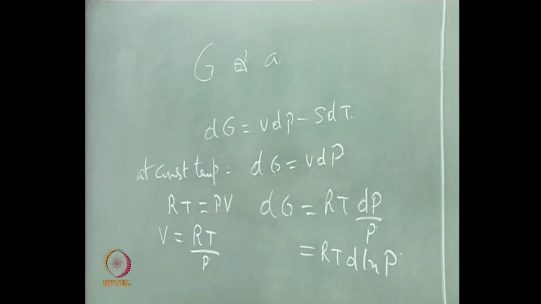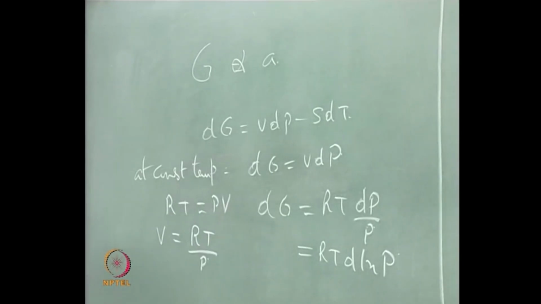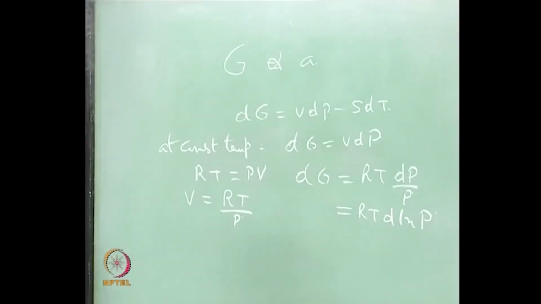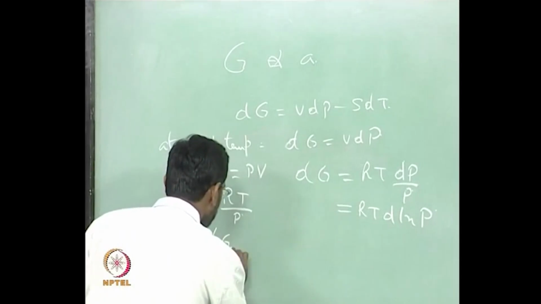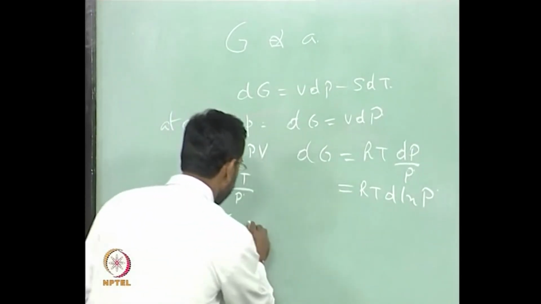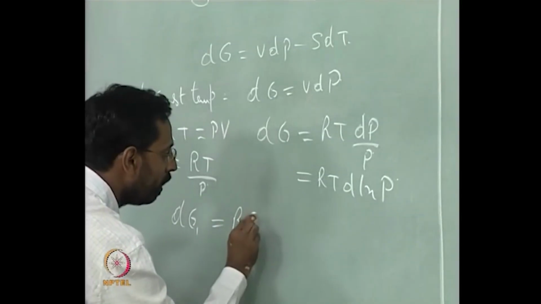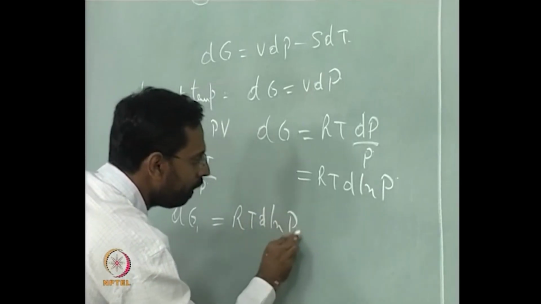So that is how you actually get this expression. And in this now if I simply look at two pressures, let us say, I can say dG1 can be written as RT d ln P1.